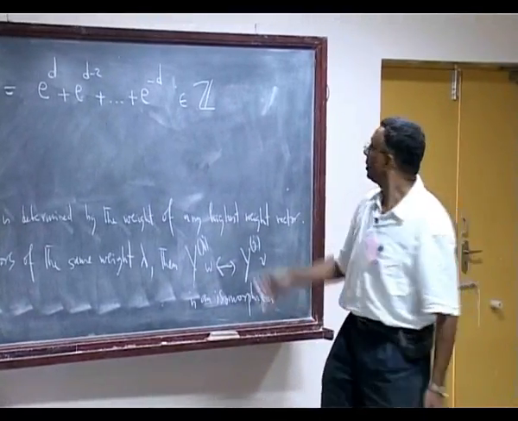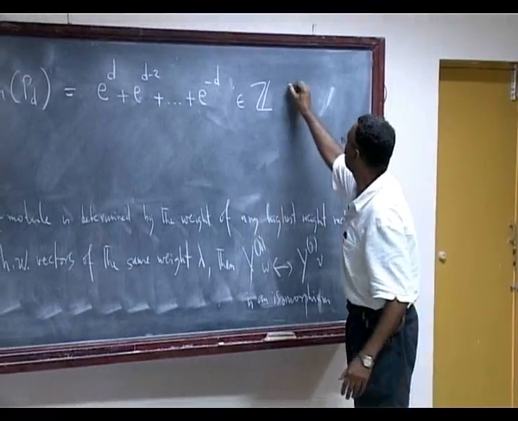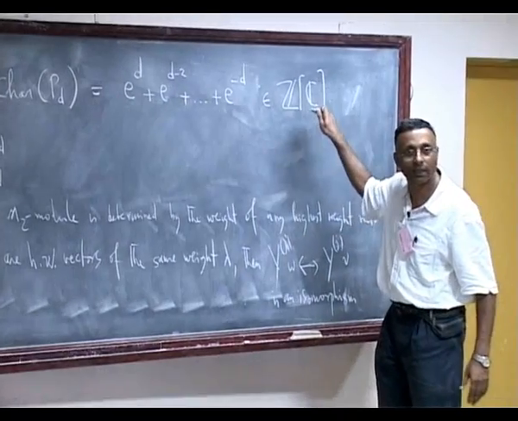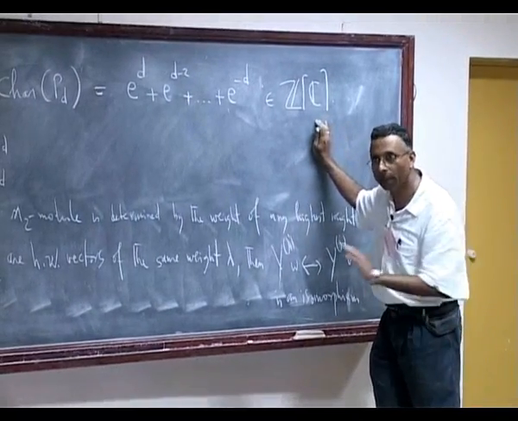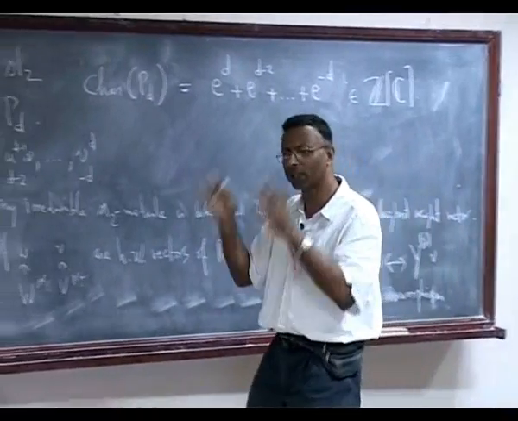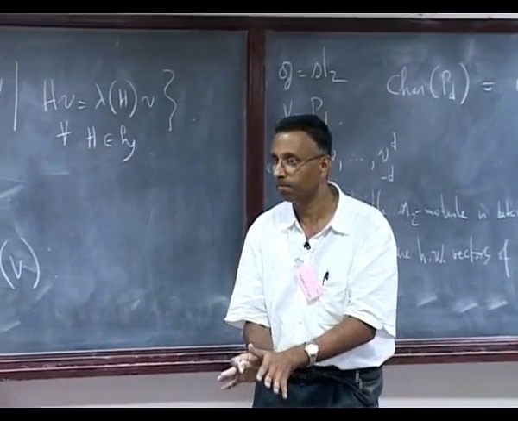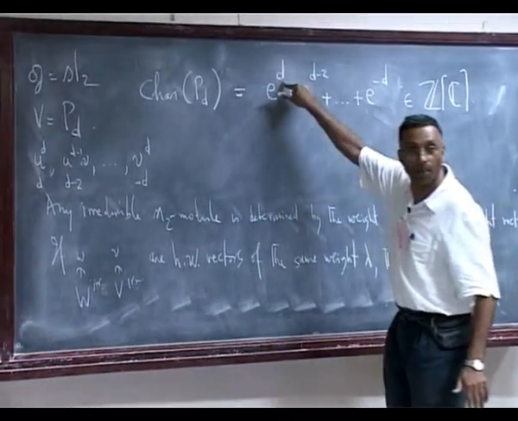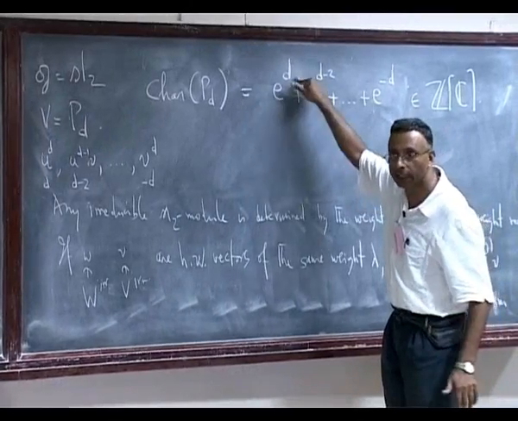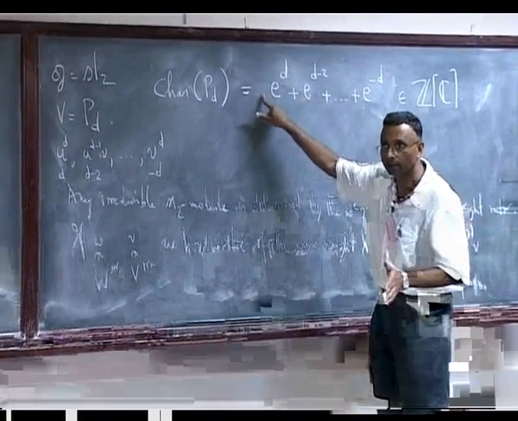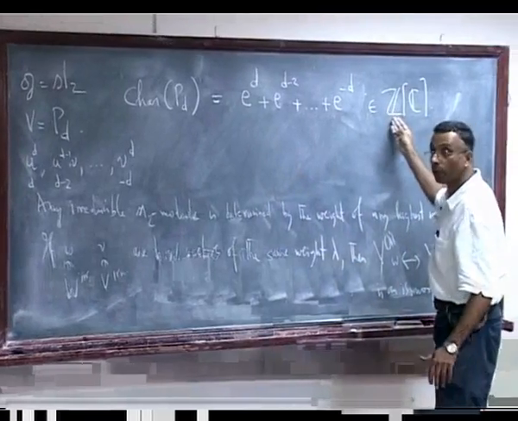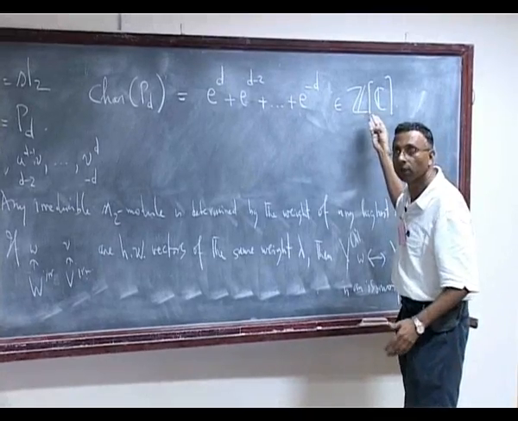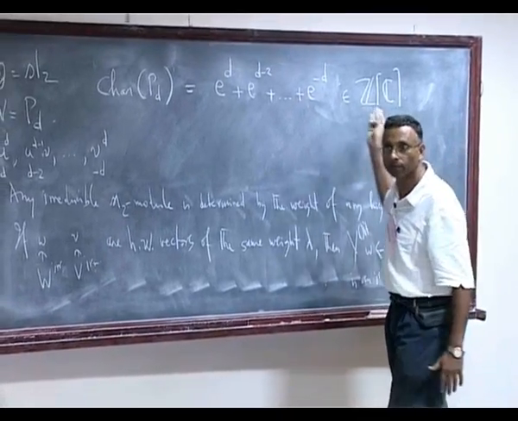So this lives in the group ring of the complex numbers with respect to addition, but written multiplicatively. This corresponds to the complex number D, which you have written e to the D, and the coefficient in front is an integer. Actually, you may say it belongs to N, not just Z, so the group semigroup ring.